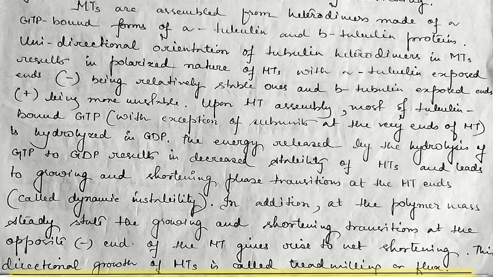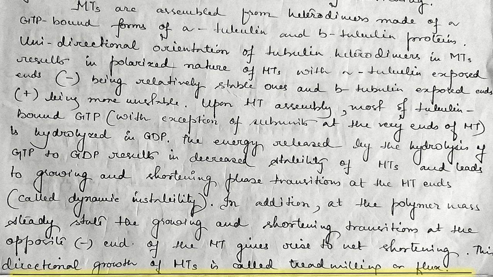So, unidirectional orientation of tubulin heterodimers in MTs results in polarized nature of MTs with alpha tubulin exposed ends being relatively unstable ones and beta tubulin exposed ends being more stable. Upon MT assembly, most of tubulin-bound GTP, with exception of subunits at the very ends of MT, is hydrolyzed to GDP.